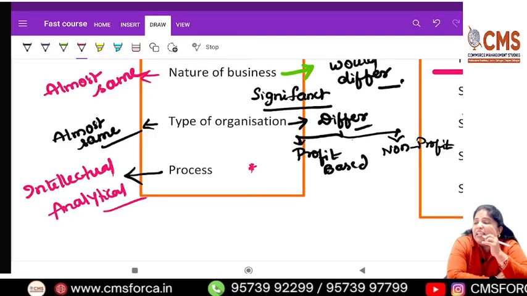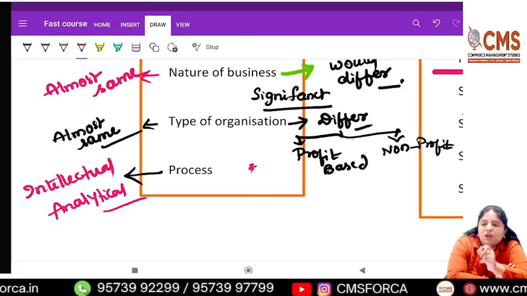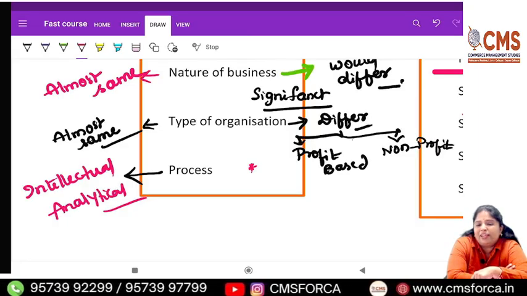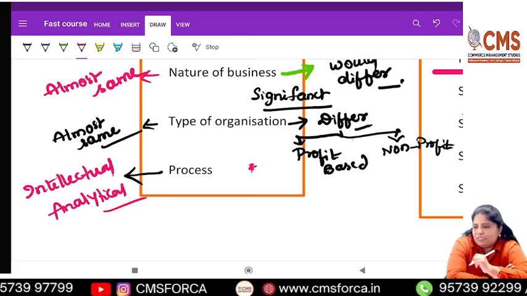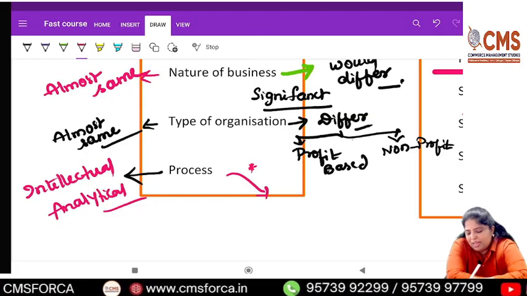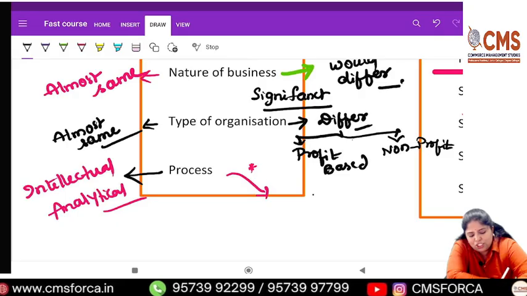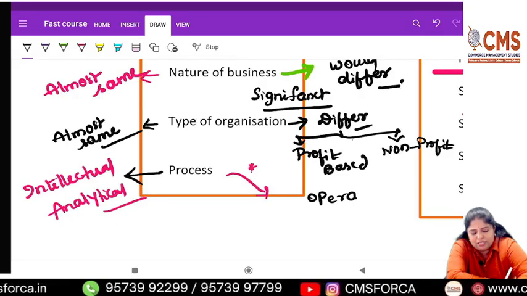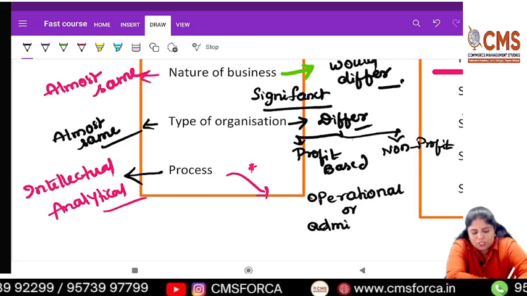So it is an intellectual and analytical process. The word that enforces and validates this point is formulation of alternatives. Whereas on the other hand, implementation is usually considered as an operational or administrative process.